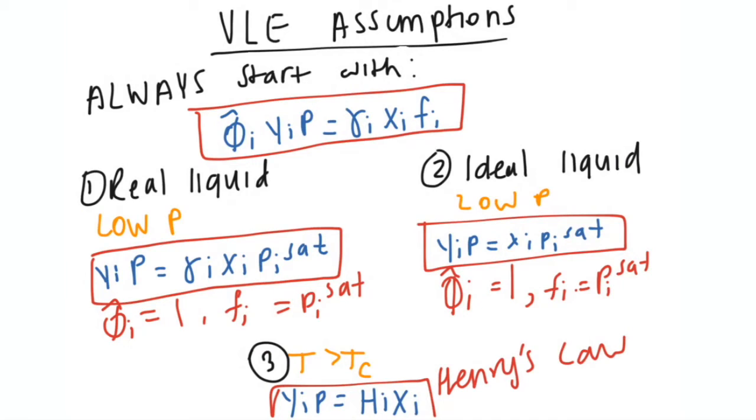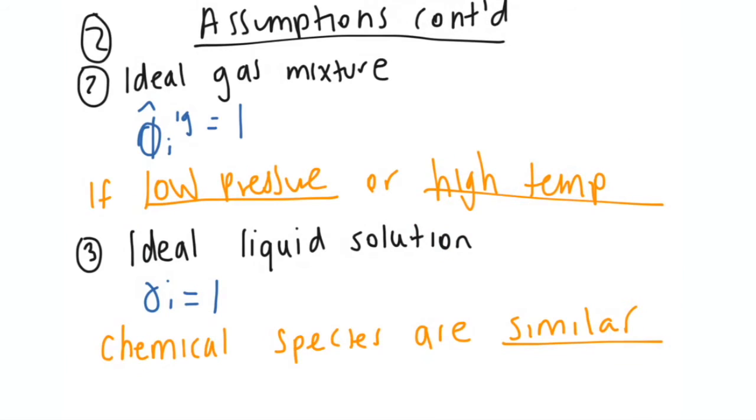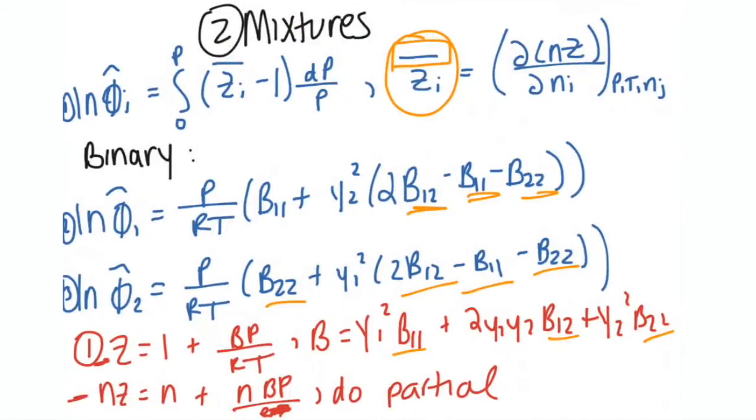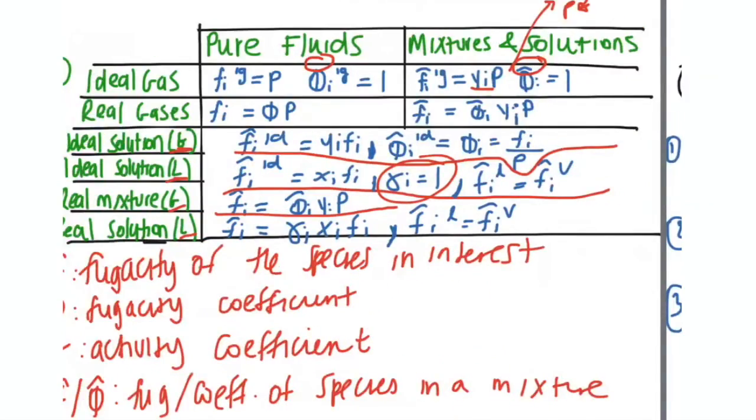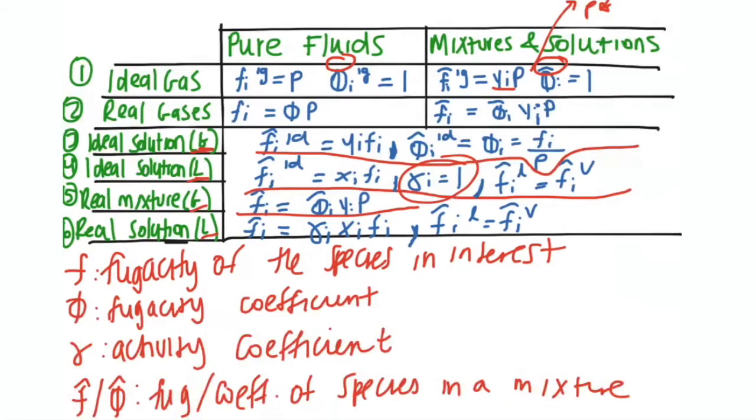All right, so maybe I'm going to go through what I've just said all over again really quickly so that it's clear what is going on, okay? So I started off my video with giving you guys all these equations. Here you're going to notice you're going to have fugacity coefficients, fugacity, and activity coefficients.